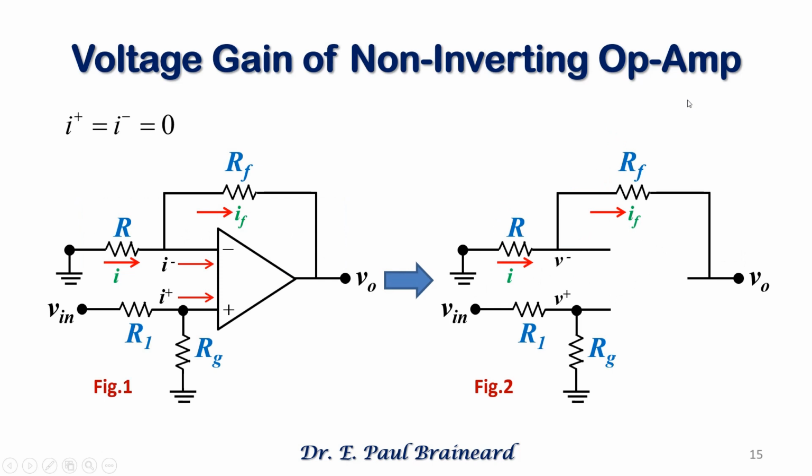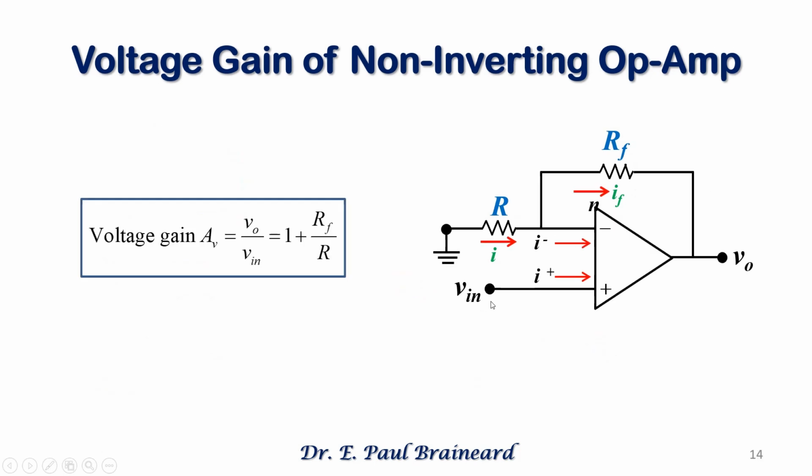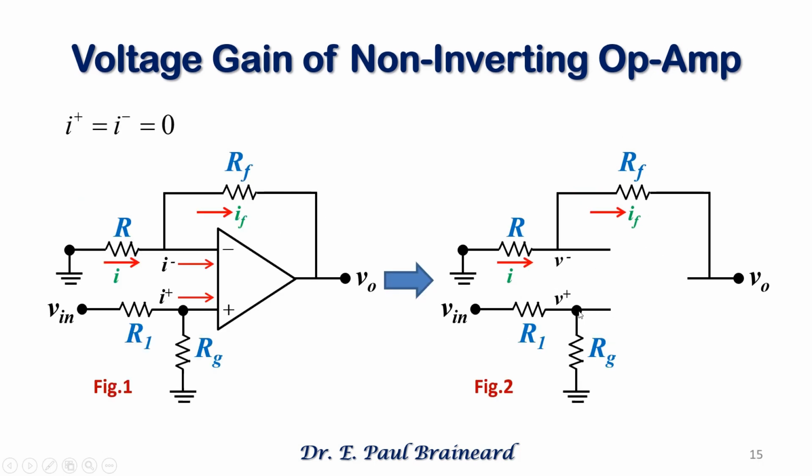Now let us extend the analysis with the input resistors R1 and Rg. If you observe the output voltage, previously V in was here. So if I call this V in dash, then V naught is equal to 1 plus R_F by R into V in dash.